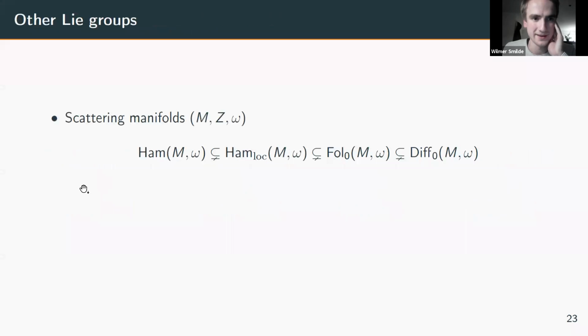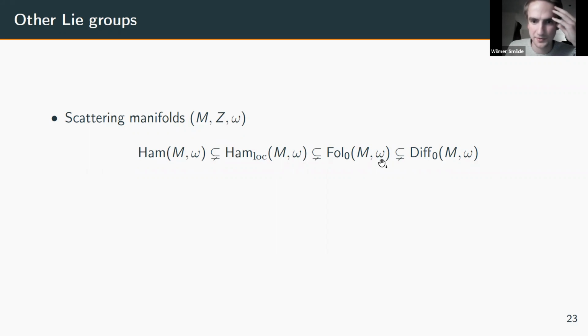Don't worry. I want to mention that I've also been looking at scattering manifolds, which are sort of Poisson manifolds with a higher order degeneracy around a hypersurface.